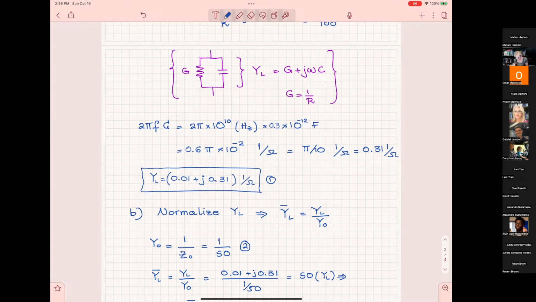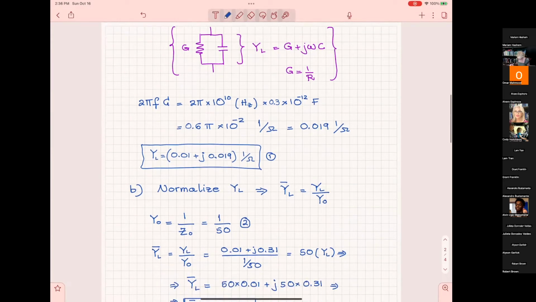It's going to make it 0.019 approximately. So it makes it a lot smaller, and that is going to fix the problem of not being cramped so much out at the periphery of the Smith chart. So this is going to be 0.019.